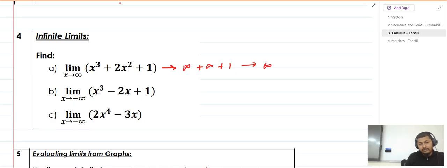Next one, if I substitute negative infinity here, now remember negative infinity cubed is negative infinity because I'm taking negative cubed, right? So your final result should be negative. Then I'm taking negative 2 times negative infinity, I'm getting positive infinity, okay?